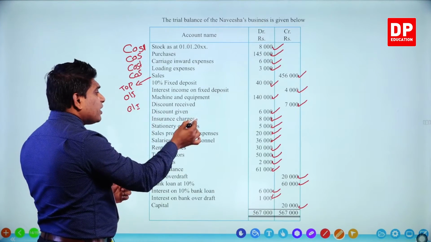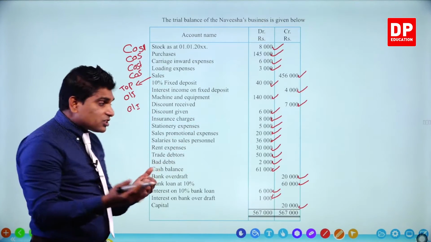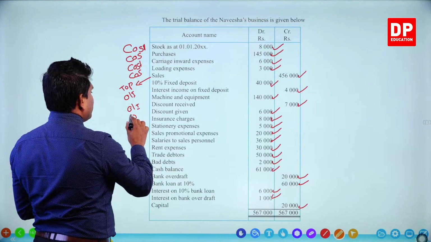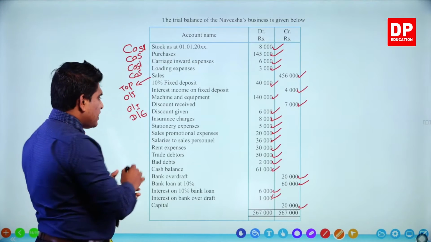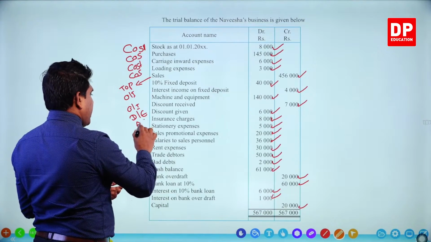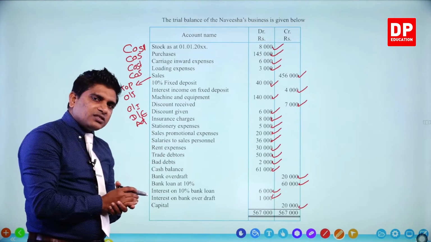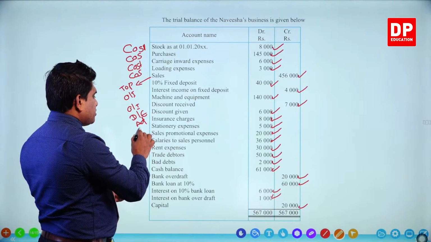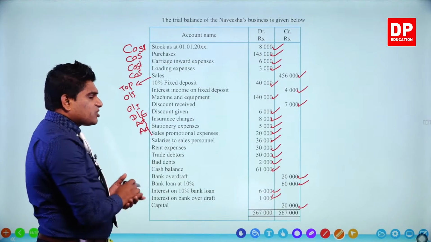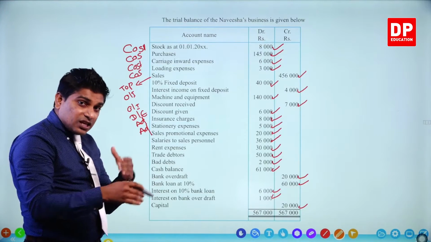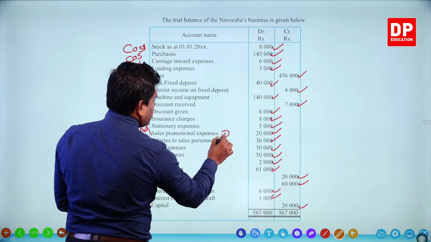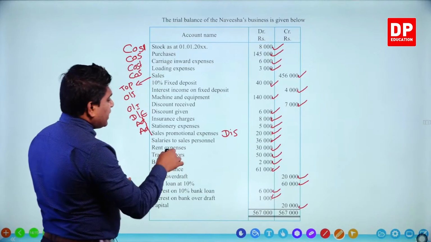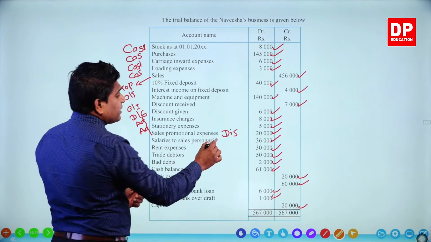Discount given, distributing expense. Insurance charges, administration. Stationery expense, administration. Sales promotional expense, distributing. Salaries to sales personnel, distributing.